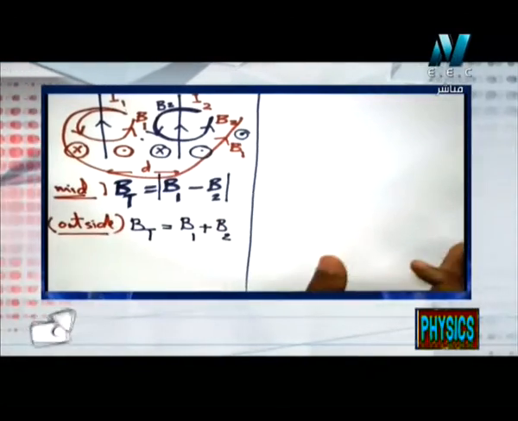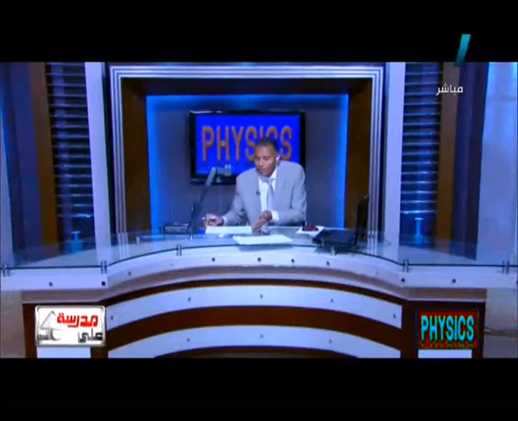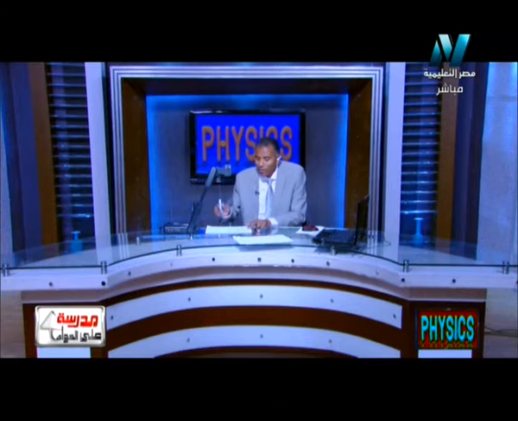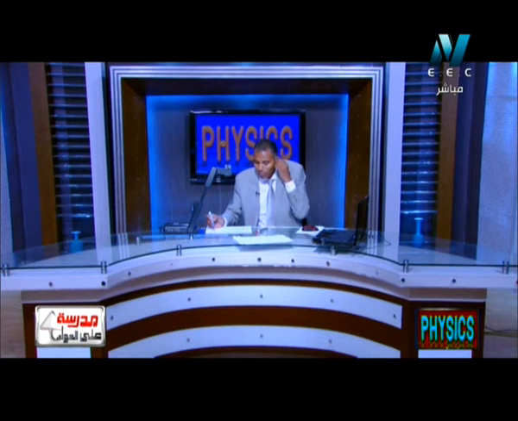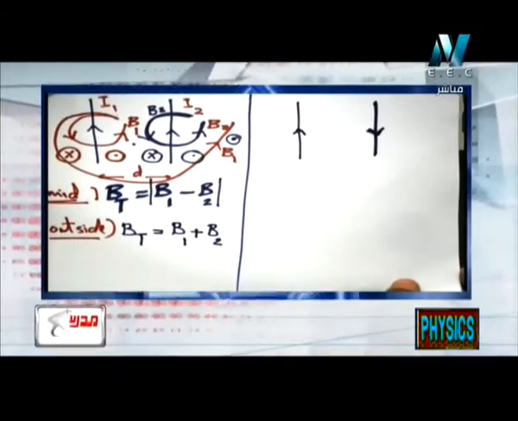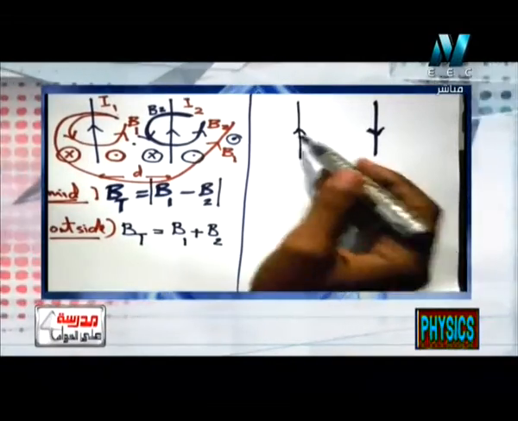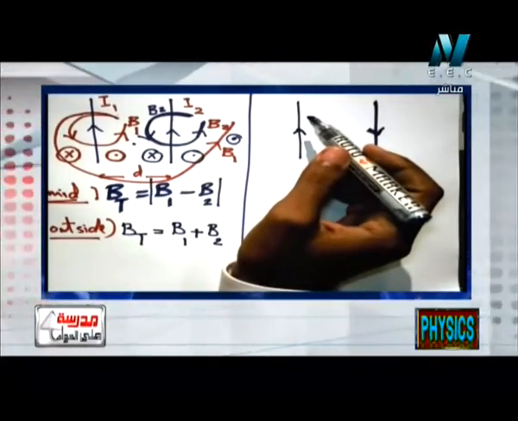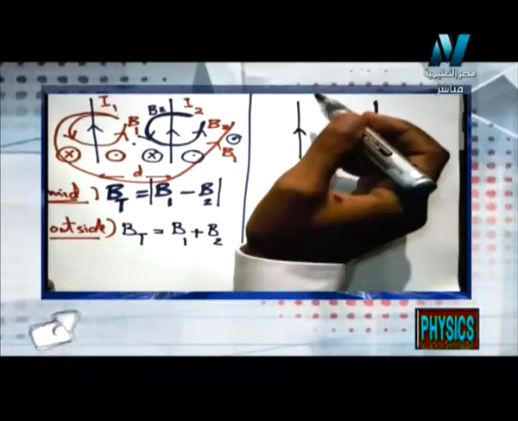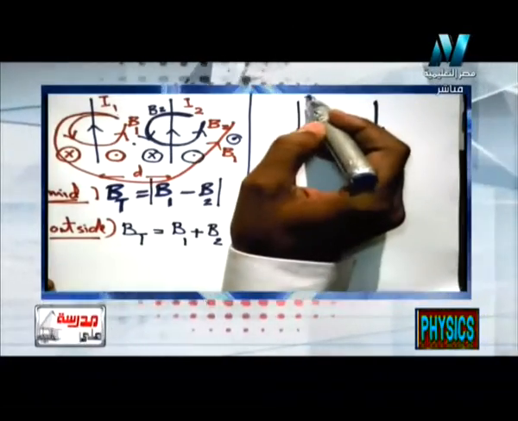Okay. What about the rules when we have two wires like this, but the currents move in opposite directions? The first wire carries I1.